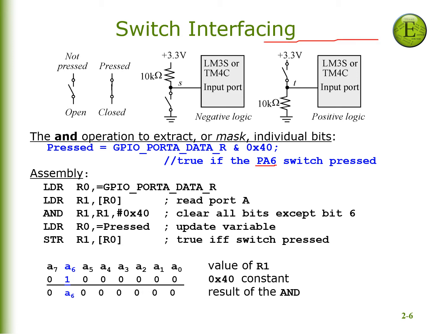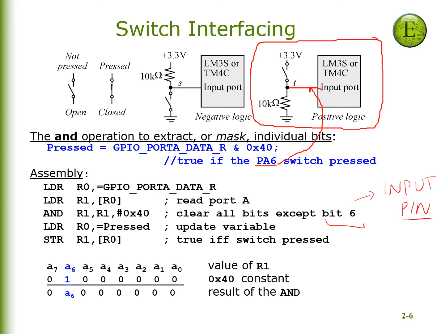So if you focus on this part of the diagram, the positive logic one, there is a pin that is the 6th pin of port A connected to the switch, and the switch can be open and close, and we are assuming that we have configured bit 6 of the port A as the input pin.